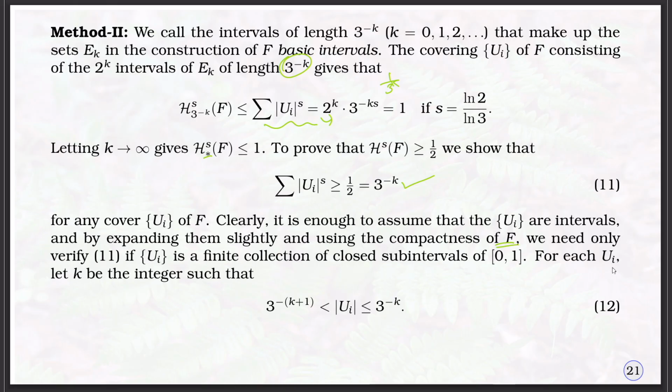For each U_i, let k be the integer satisfying 3^(-(k+1)) less than or equal to the diameter of U_i less than 3^(-k). In between, we can choose the U_i such that the diameter lies between these two numbers.